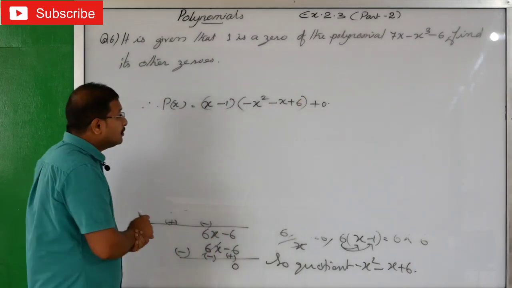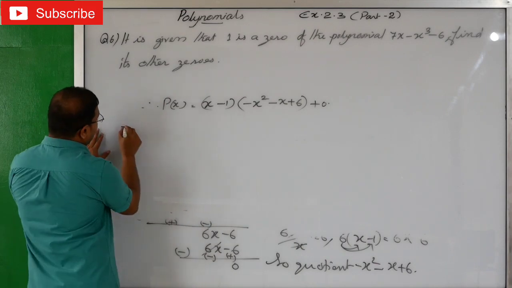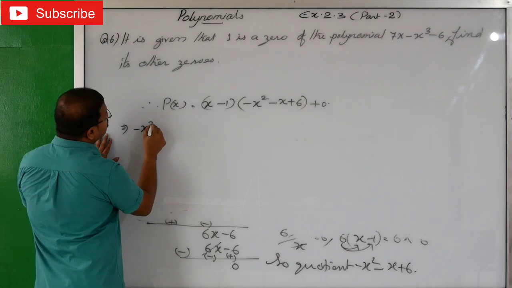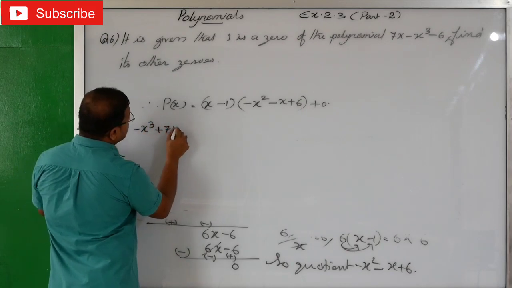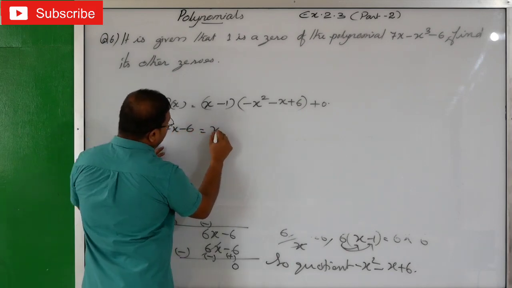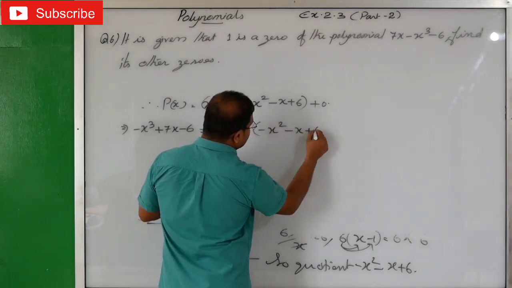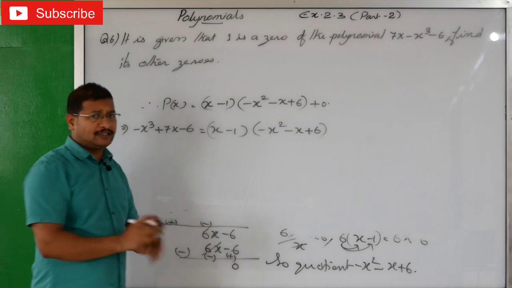Isn't it? That means this implies the polynomial minus x cube plus 7x minus 6 equals x minus 1 into minus x square minus x plus 6. Plus 0 means no need to write.